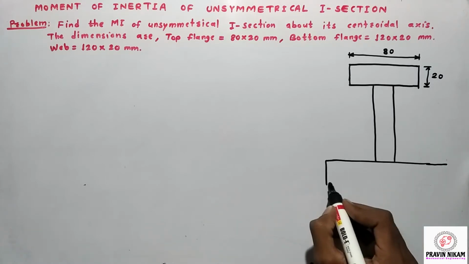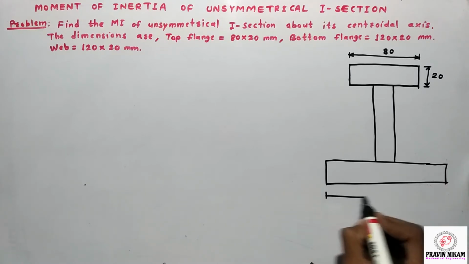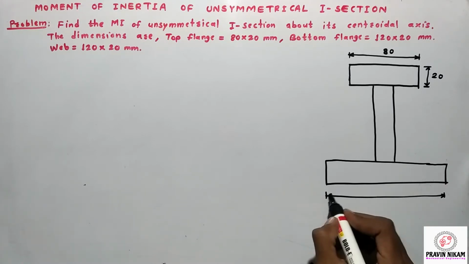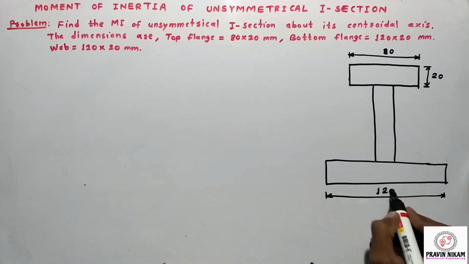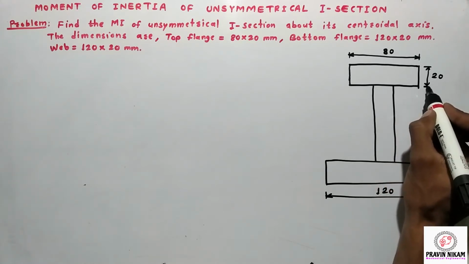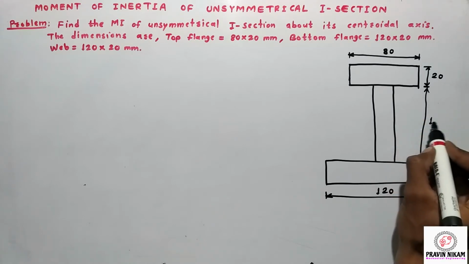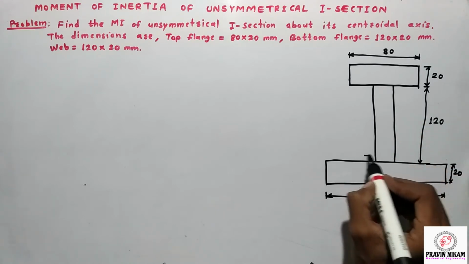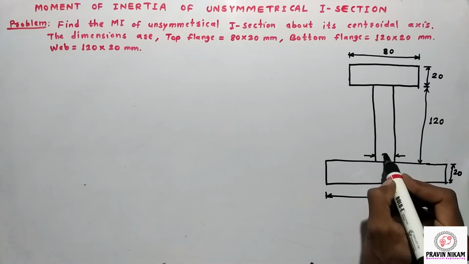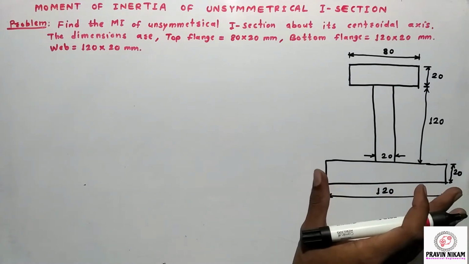So this is the bottom flange having width 120 mm and depth 20 mm, and web having depth 120 mm and width 20 mm. So this is the unsymmetrical I section.